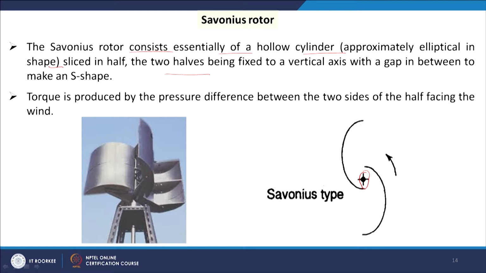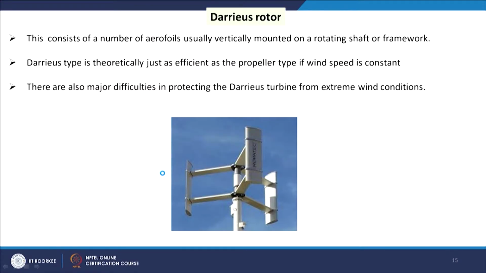So, here the drag force helps to rotate the rotor, the blades, but in case of Darrieus rotor, this consists of a number of aerofoils. So, when air is coming here, there will be some lift. The lift will help to move the rotor and the blades. So, Darrieus type is theoretically just as efficient as the propeller type if wind speed is constant.